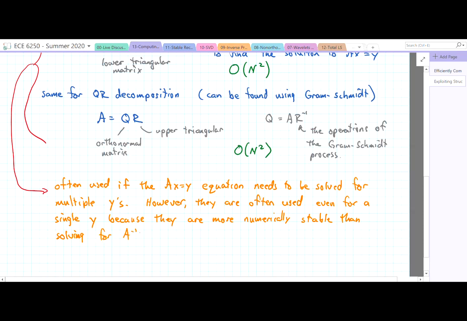Then solving for A inverse and then multiplying.